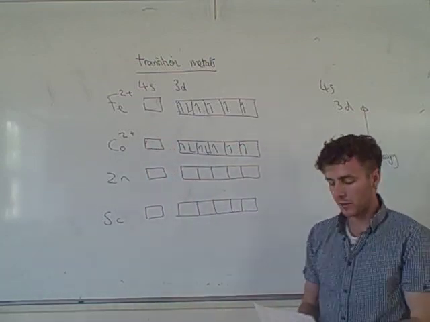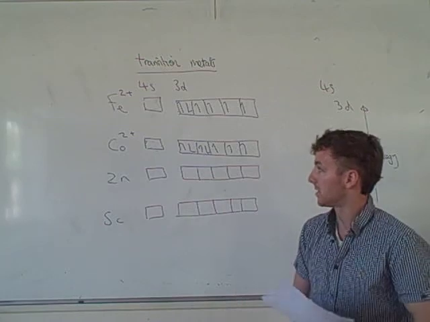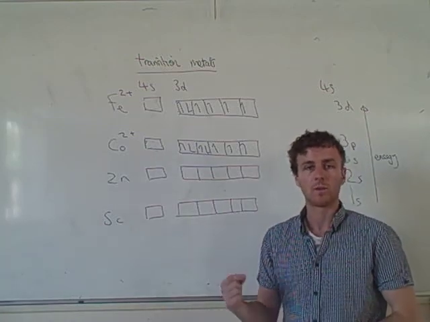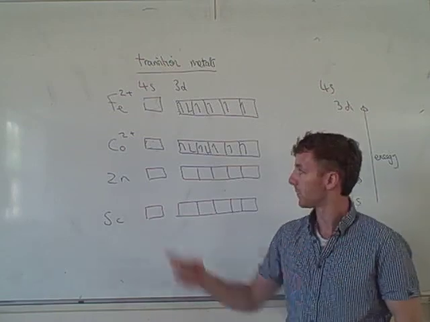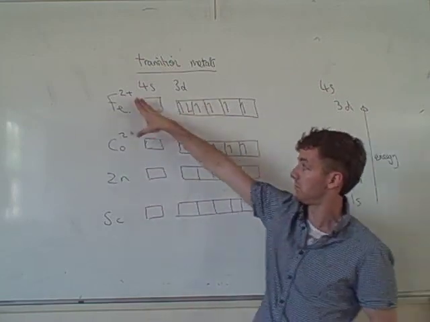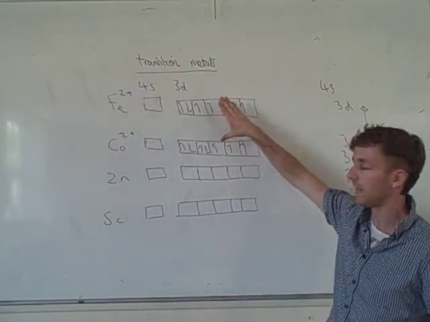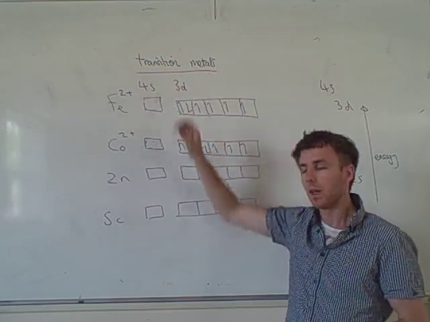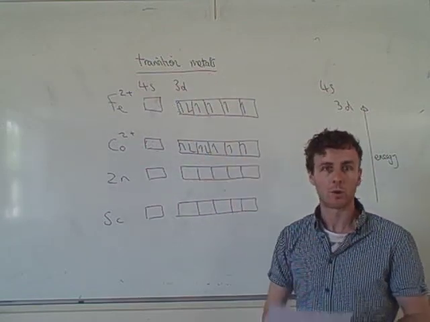Okay. Now, a transition element, or a transition metal, is an element which has an ion with an incomplete d subshell. So you can see iron and cobalt, they both have ions, 2+, with an incomplete d subshell. So these are transition elements. However, some elements are not transition elements.